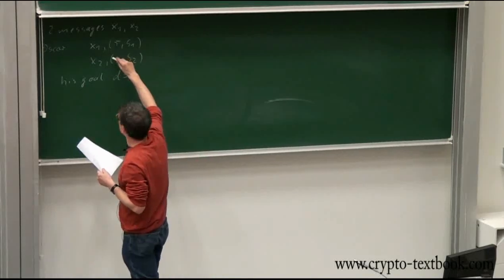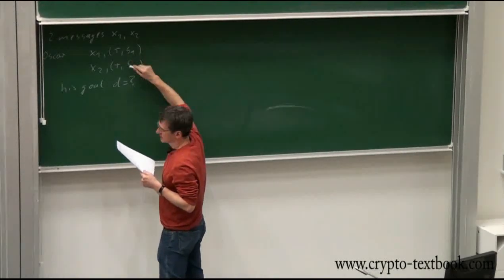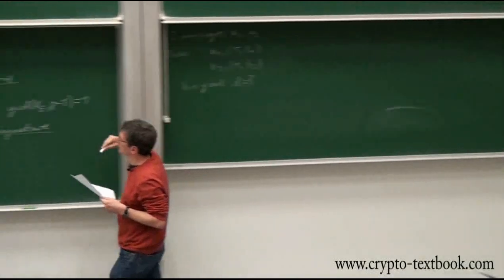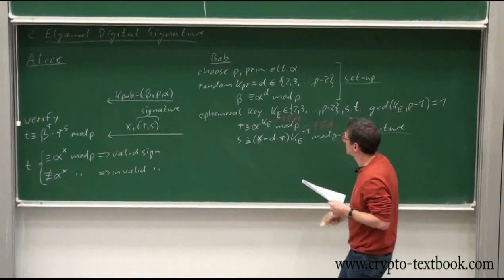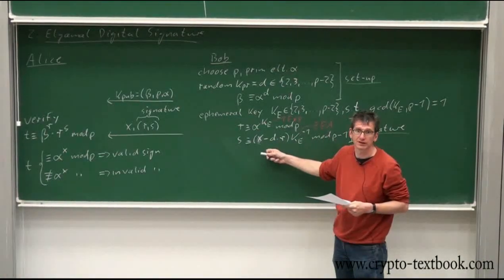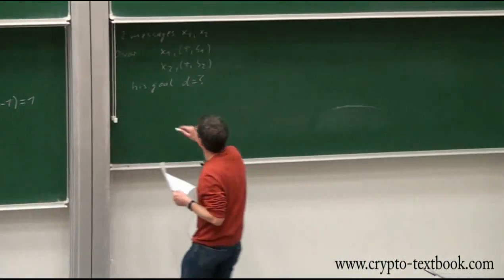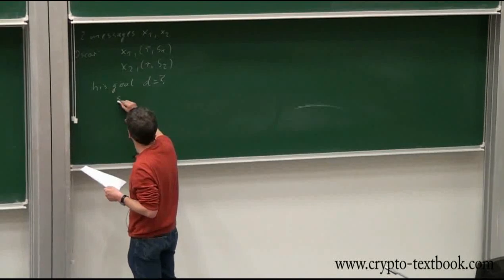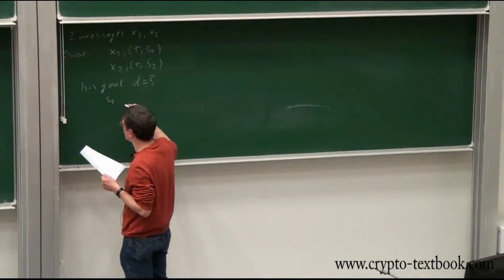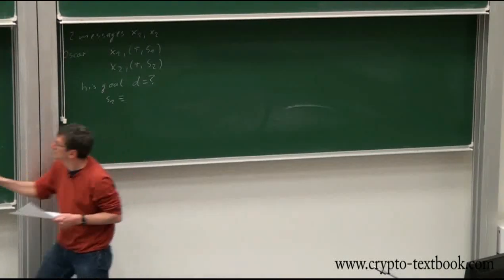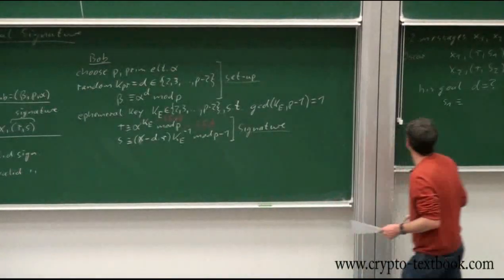So he takes, of course, these two expressions here. Based on these two expressions, he looks at this here, right? He looks at the construction of S. He knows S1 was being constructed as, you just use this expression here.